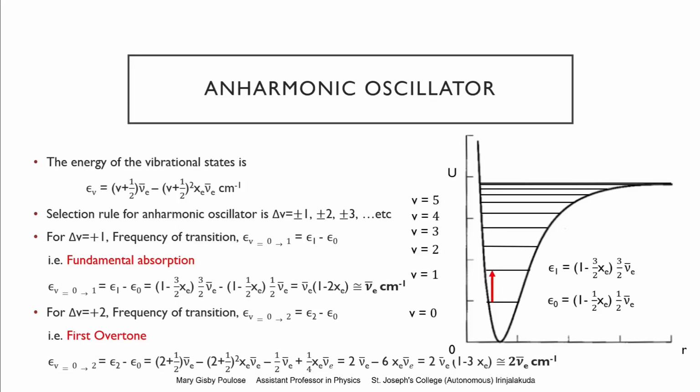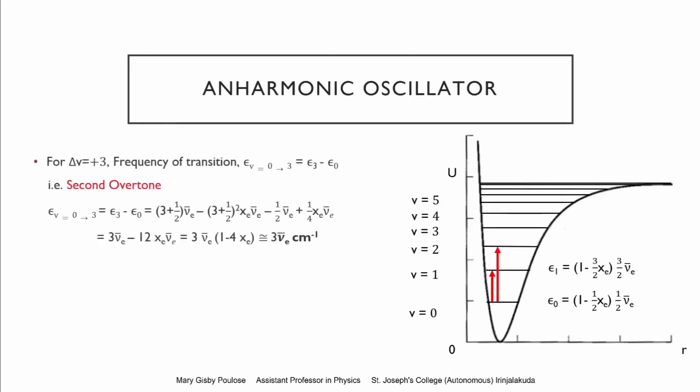Now this is equal to 2 nu E bar minus 6 Xe nu E bar. This is equal to 2 nu E bar into 1 minus 3 Xe. Neglecting the term of Xe, we get it is approximately equal to 2 nu E bar centimeter inverse. And this is shown by the transition from V equals 0 to V equals 2.